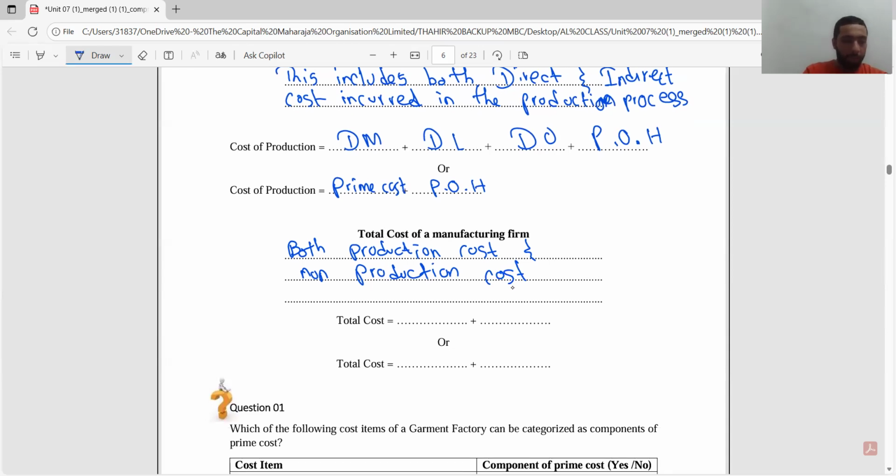Or you can say prime cost plus overhead. Or you can say cost of production plus non-production cost.